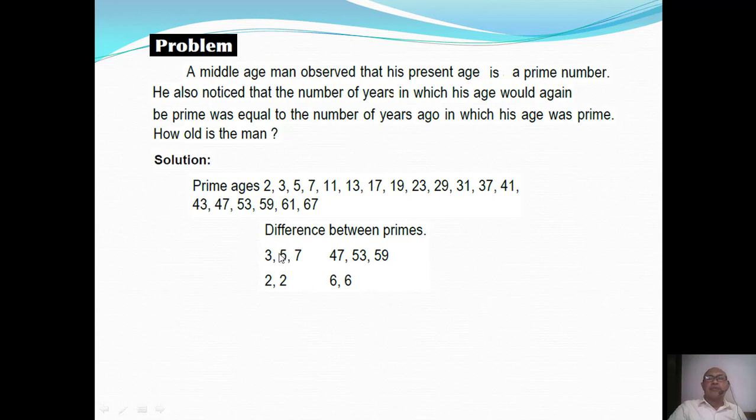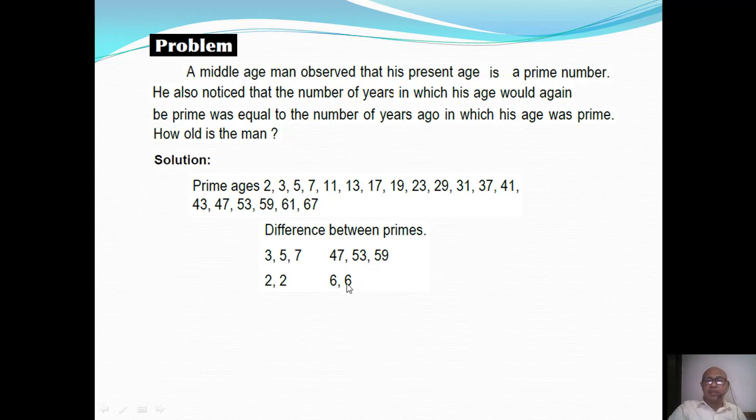So we cannot use 5 because it is stated that the man is of middle age. So meaning our answer here is 53, in which we can check the condition that the age 53 is a prime number, and this has an equal number of years from the prime number age 6 years ago and the prime number age 6 years hence.